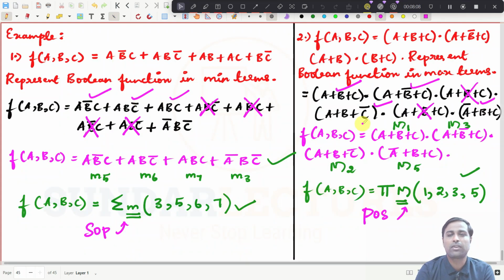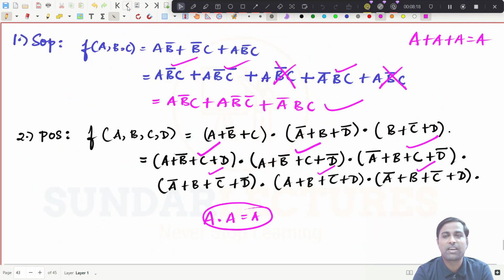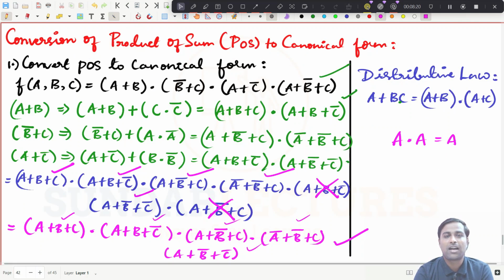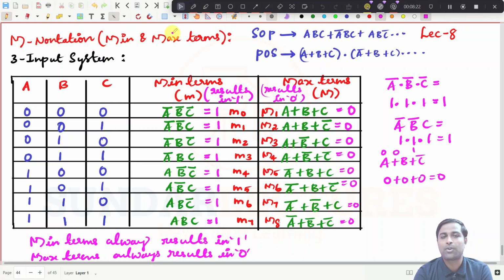So now you can easily do this one, right? So you can convert any Boolean function into min-term function and then max-term functions, right? So now what are the topics we have seen in this particular class? We have started with the M notation. There are two M notations. One is min term and one is the max terms.